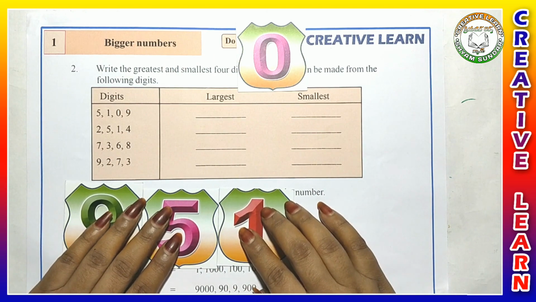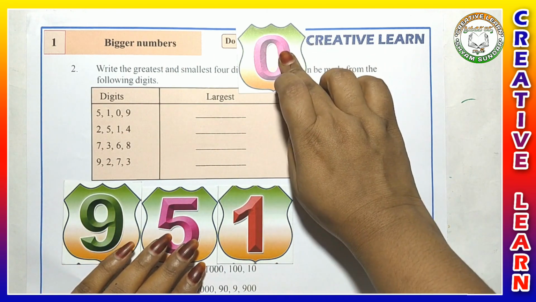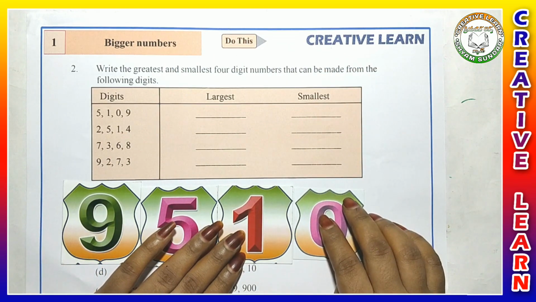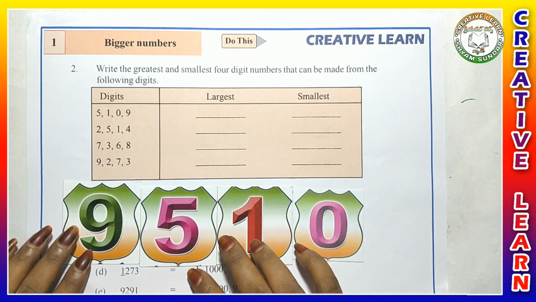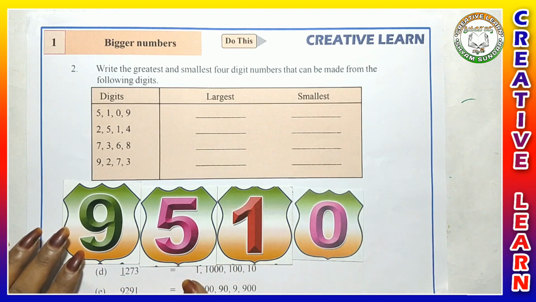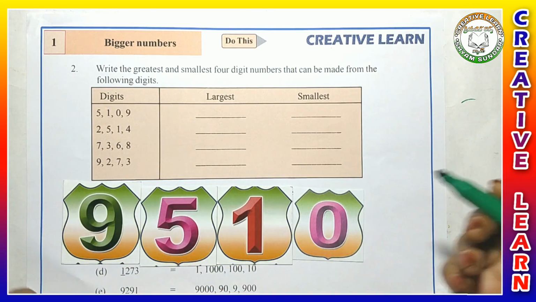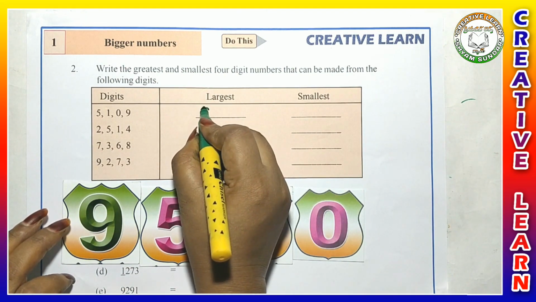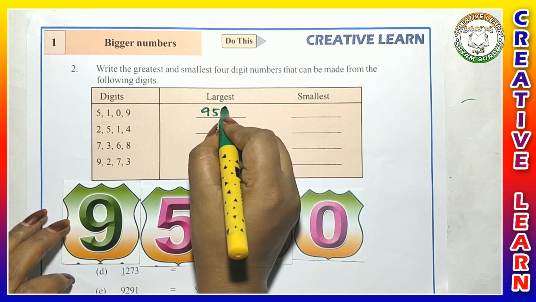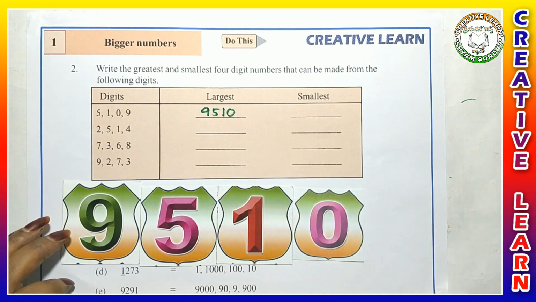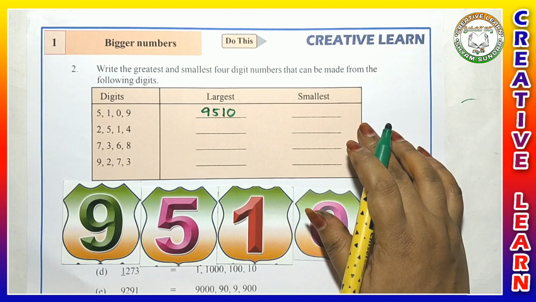So take it in tens place, and the last 0 in ones place. So what is the largest number? 9510. Let's write here. 9510. This is the largest number. Next, what is the smallest number?